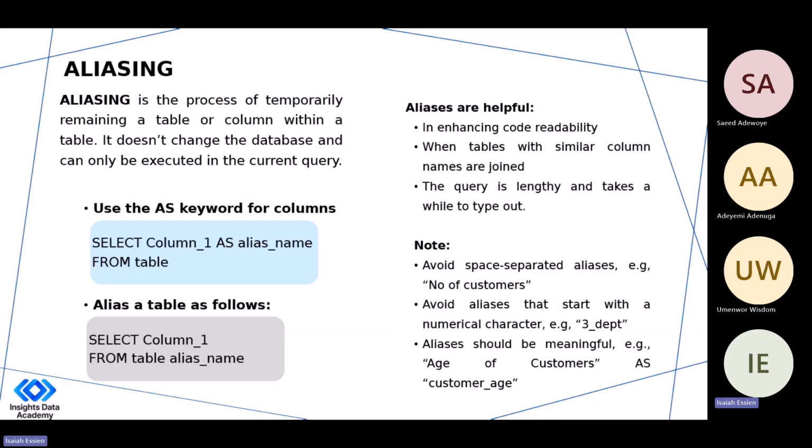No matter the function you are dealing with, whether numerical functions or other functions, aliasing is always helpful. It's not compulsory for you to do it, but sometimes it is necessary, and we're going to cover why. One thing we need to keep note of is that it does not change our database and it can only be executed in the current query.